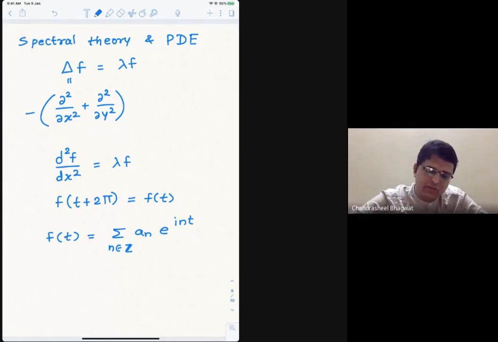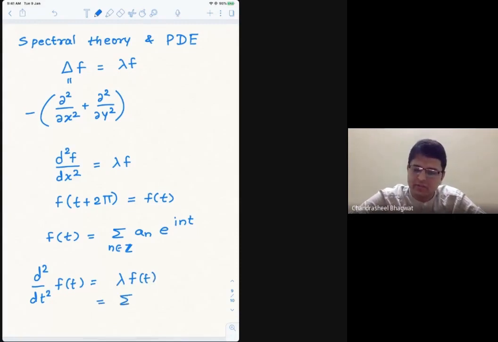If f satisfies this equation, then the second derivative is precisely lambda f. So if I apply d square by dt square, I'm going to get lambda times f of t, which is nothing but I multiply everything by lambda.